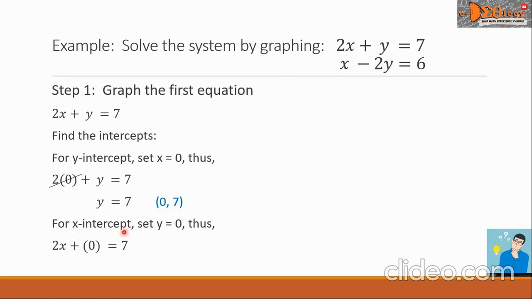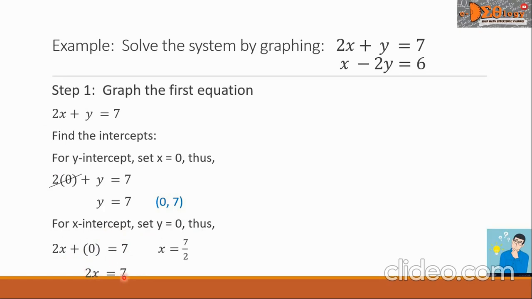For x-intercept, we set y equals 0. Thus, the first equation now becomes 2x plus 0 equals 7. We can ignore the 0 here, so we have 2x equals 7. Let us find the value of x. Let us divide the whole equation by the coefficient of x, which is 2.